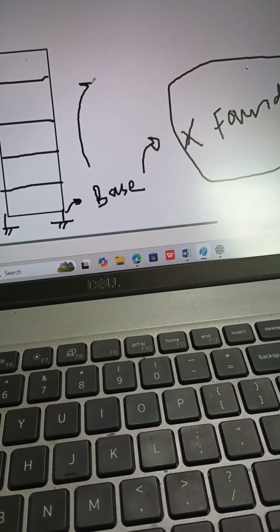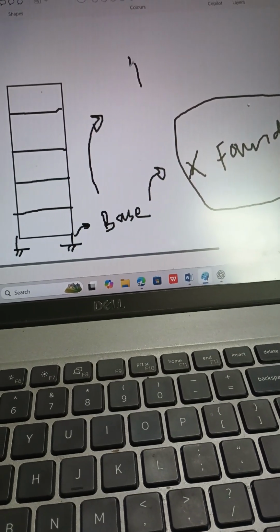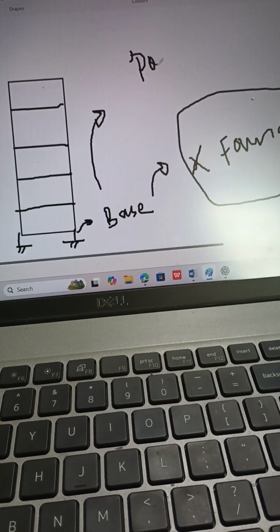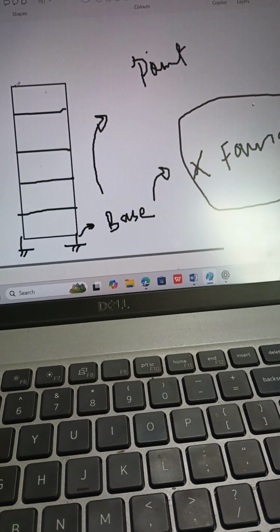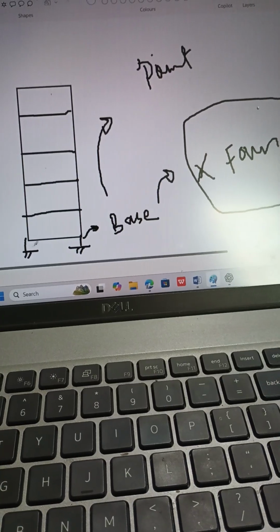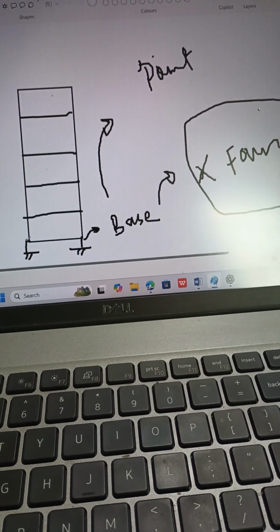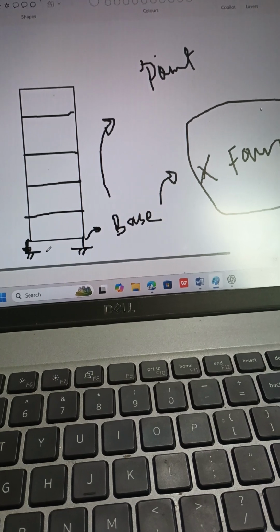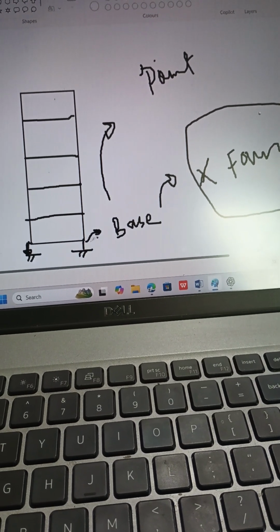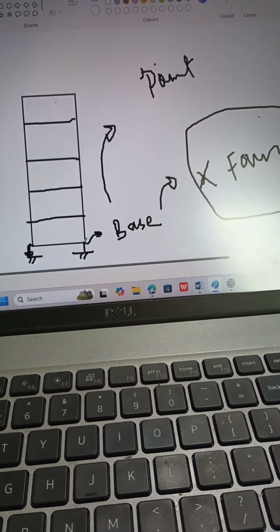Base is a point where the loads that come from the upper structure transfer to the foundation, right? So don't treat this base as a foundation.